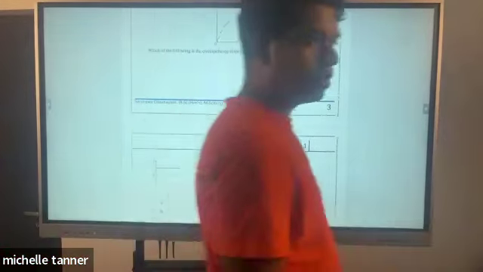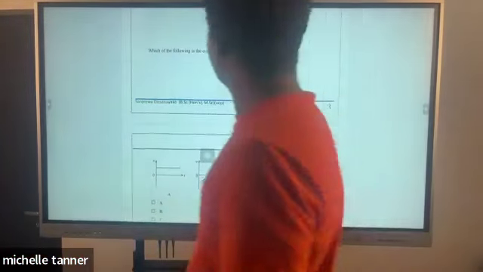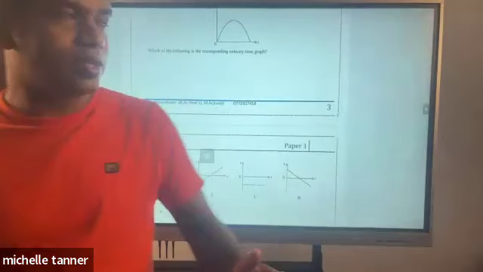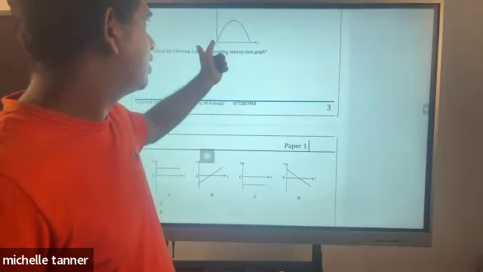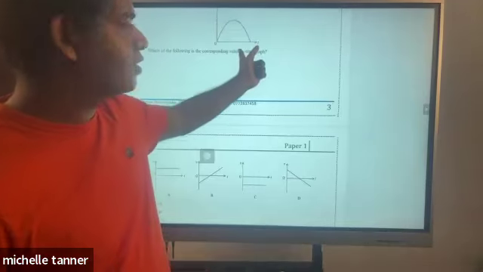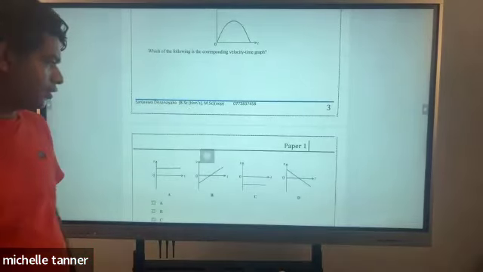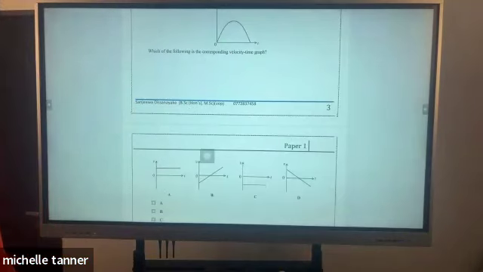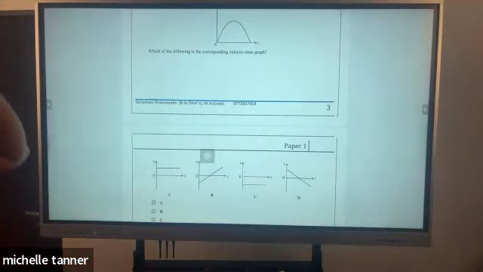That means the object moves this way. In the other half, the object turns back, and final displacement is zero. Initially zero, displacement increases and decreases, final displacement zero. Then which answer is correct? B or D.